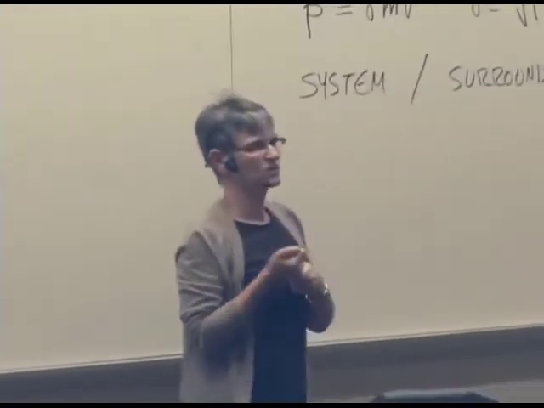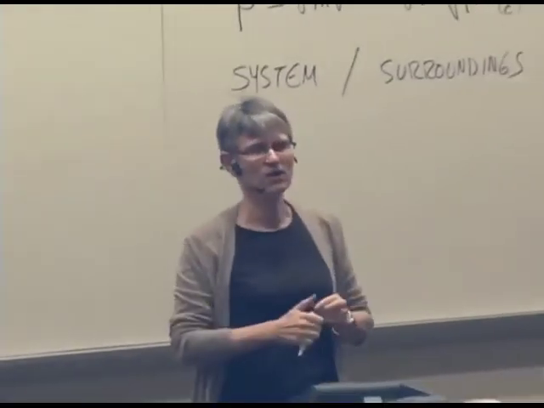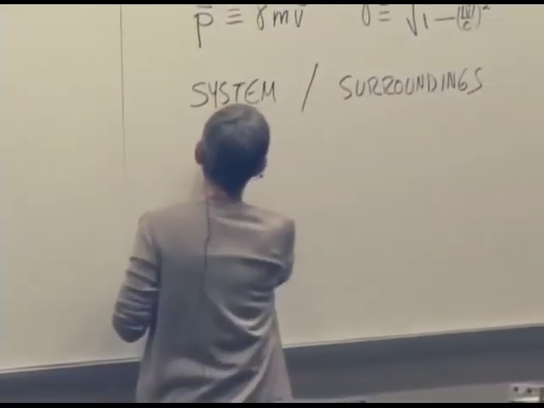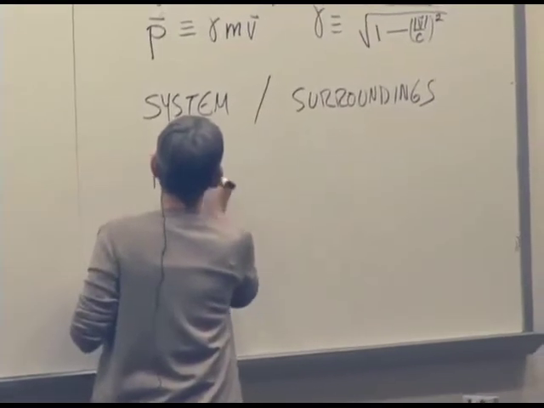And so we want to have a quantitative way of talking about the interaction of a system with its surroundings. And not surprisingly, this quantitative measure of the interaction of a system with the surroundings has a name. It's called force. This is a familiar word.